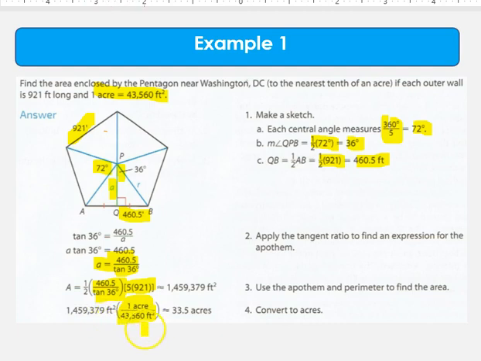We now can cross off feet squared, and we can divide the 1,459,379 by 43,560, and we'll get approximately 33.5 acres. So there's your problem. Yes, it is a few steps, but it's all on one page here. So if you want to copy that page also, that will help you when you're doing our problems that are coming up.